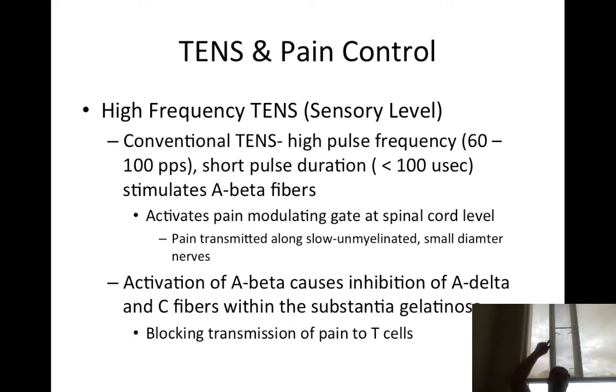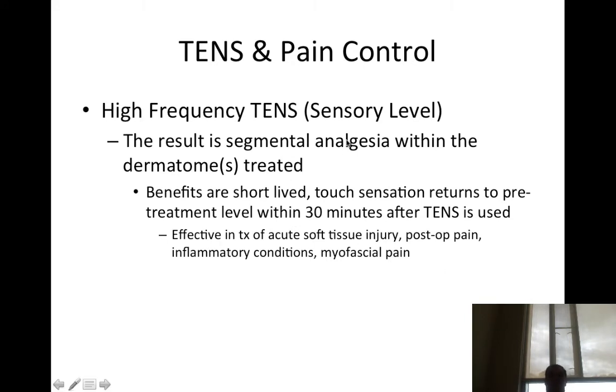So we're not creating a second order effect, right? Essentially, I put the TENS on at a sensory level. I activate the A beta fibers that override the A delta and C fibers, causing pain relief, right? The result is segmental analgesia within the dermatomes treated.